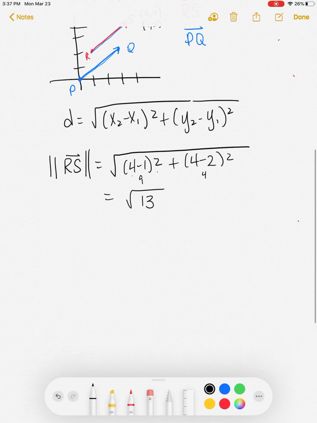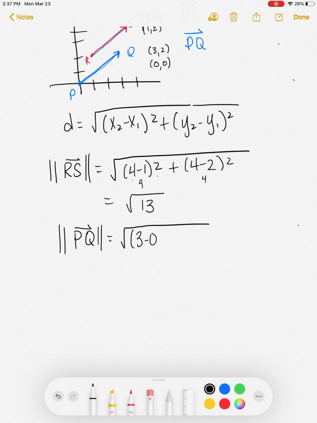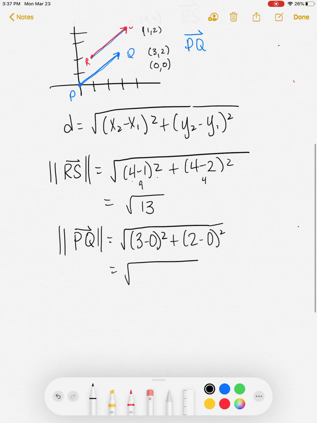Well, let's find the magnitude of PQ now. Let me write down those 2 points as well. They were 3, 2 and 0, 0. He started at the origin. So the magnitude of PQ would be 3 minus 0 squared plus 2 minus 0 squared. 3 minus 0 is 3, 3 squared is 9.